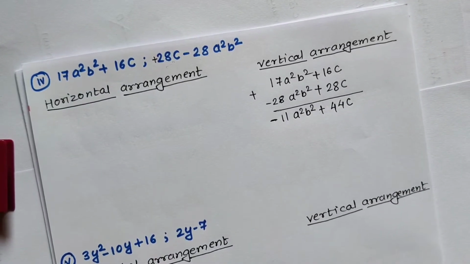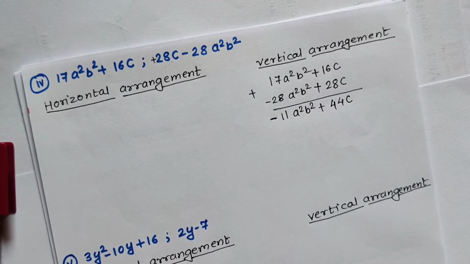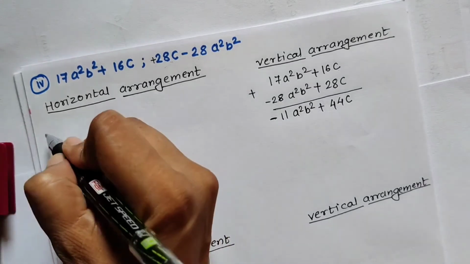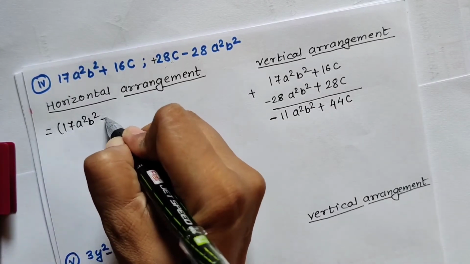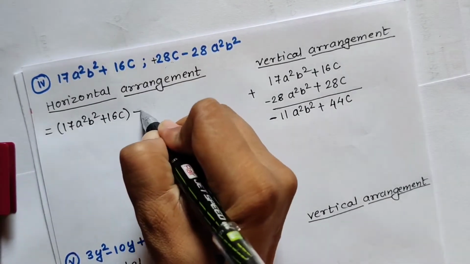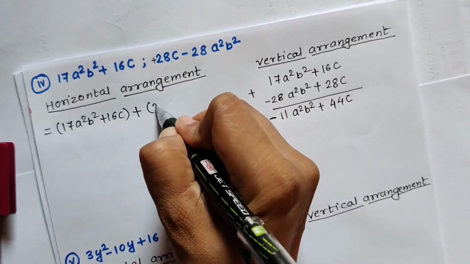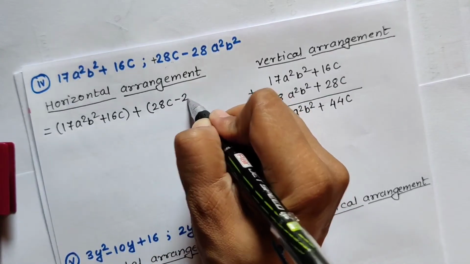Same way we are going to do in the horizontal arrangement. What we are going to do, we will be writing both the binomials in a bracket first. We put the plus sign between two brackets.